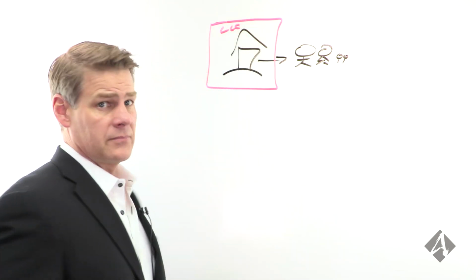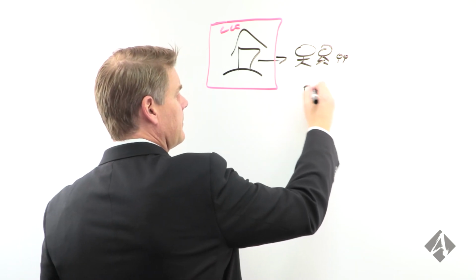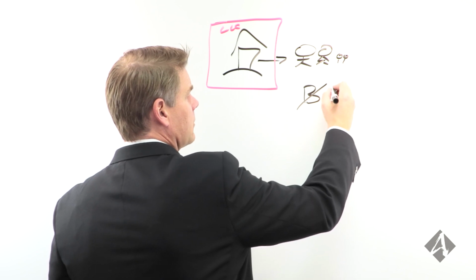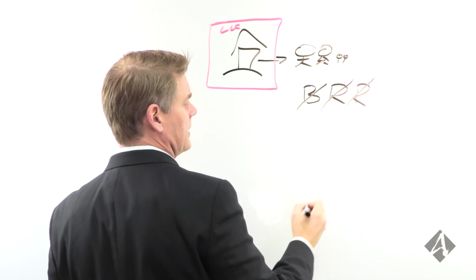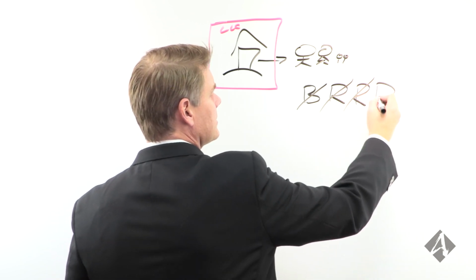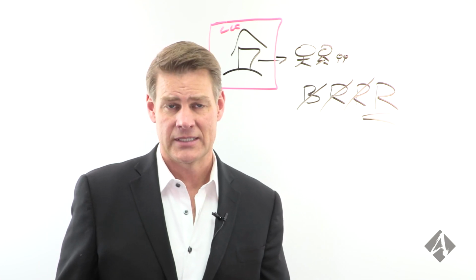But remember, with the BRRRR method, there's a couple R's there. We've already done the buy, okay? So we did that. We've done the rehab, taken care of that. We've done the rent, we've taken care of that. Now we need to do the refinance portion of this deal.